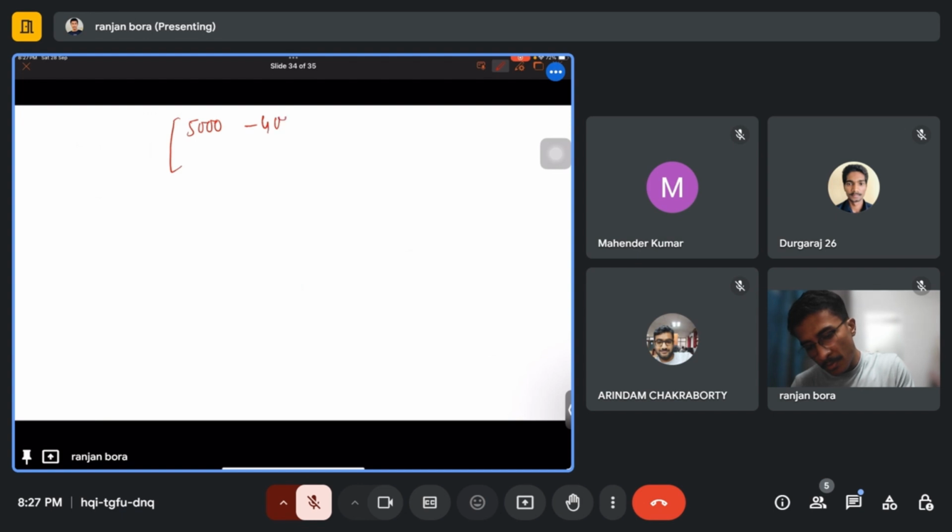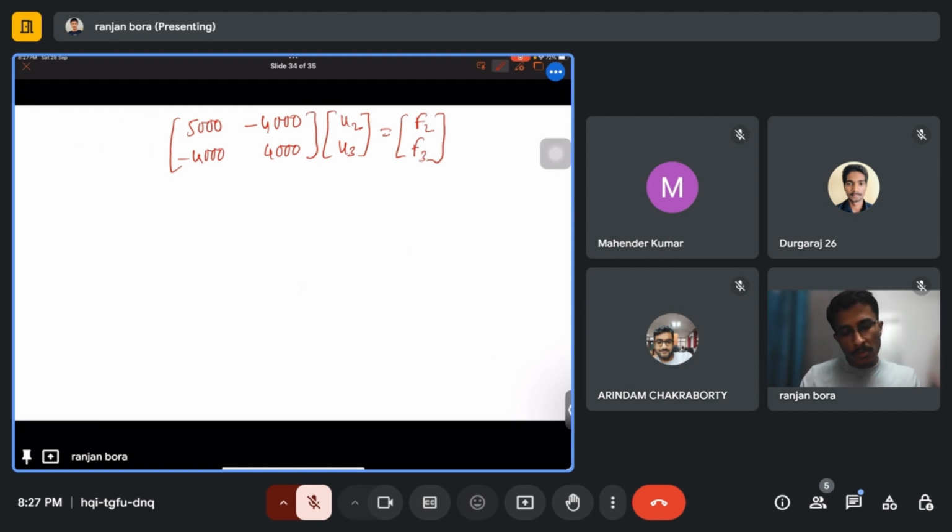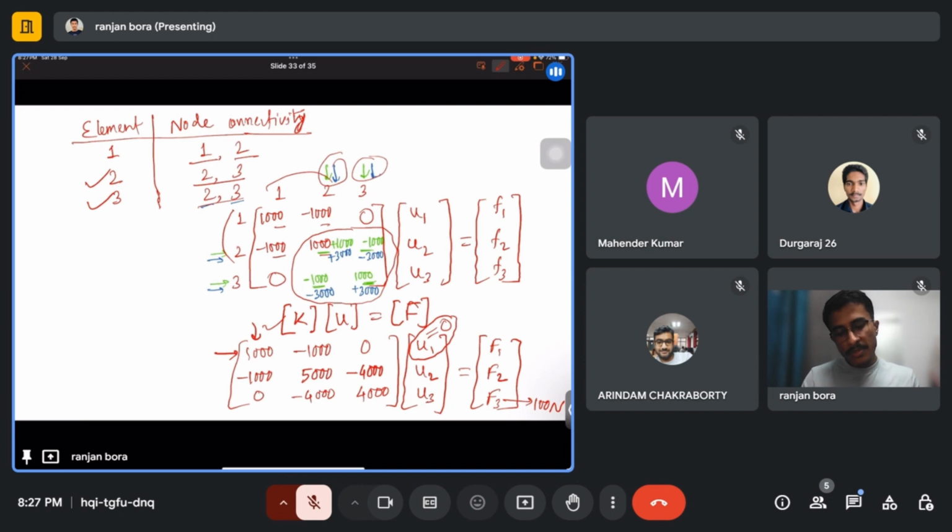5000, U2, U3, F2, F3. So we have just removed this first row and first column from both sides.